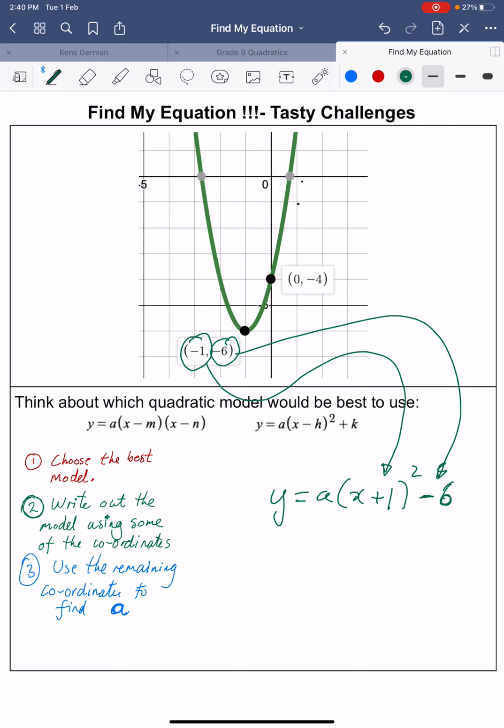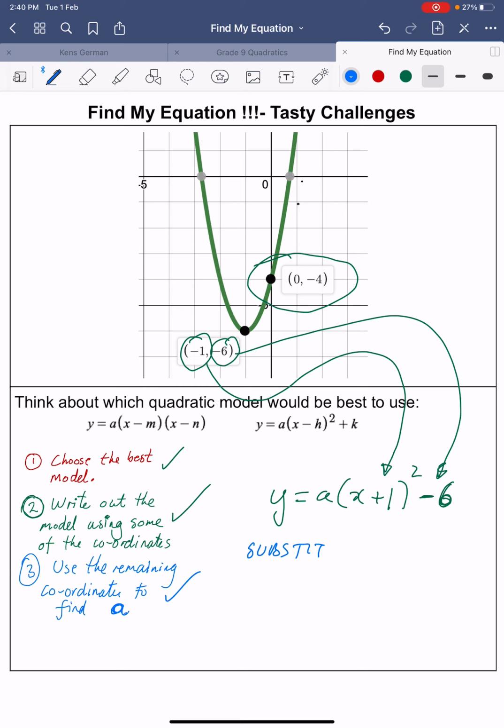So when we played with Desmos, we found that these numbers on the vertex go in this part of the model. Okay, so we've done one, we've chosen the best model, we've fed in some of the numbers. Now we've only got this coordinate left to play with. So now, part 3, use the remaining coordinate to find a. So this is where we actually substitute.